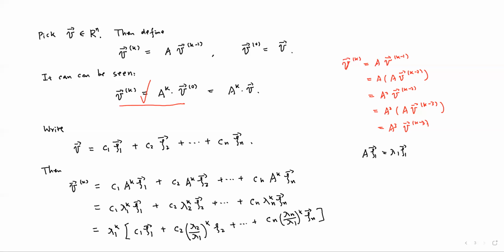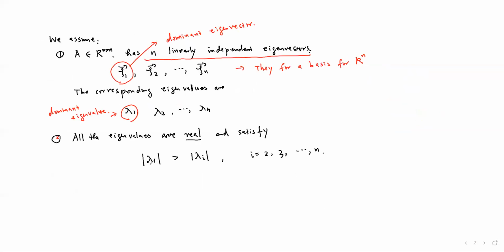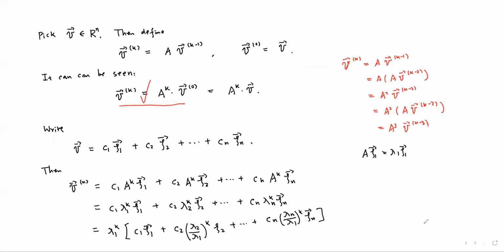Now, by assumption number 2, lambda 1 is the dominant eigenvalue. So from this, we have lambda i over lambda 1 in absolute value less than 1. This ratio is less than 1 in absolute value. So when k is large, do you agree?